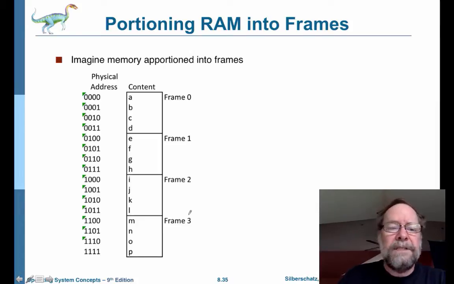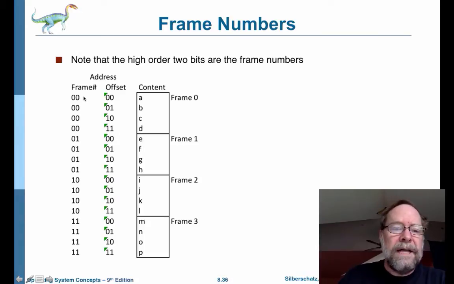But once they're split up like that, you'll notice that the frame number corresponds to the first 2 bits of the physical address. For the first 4 words, the frame number is 0. For the next 4 words, the frame number is 1. And the next set of 4 is 10, binary for 2, referring to frame 2, and so on.